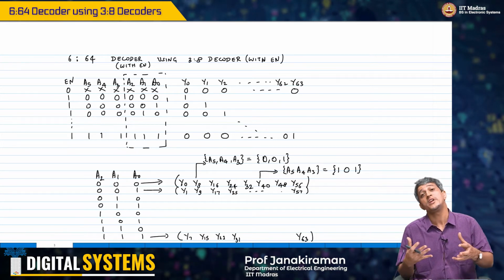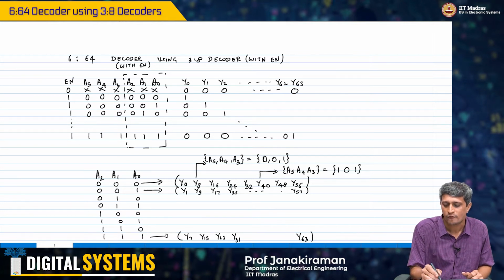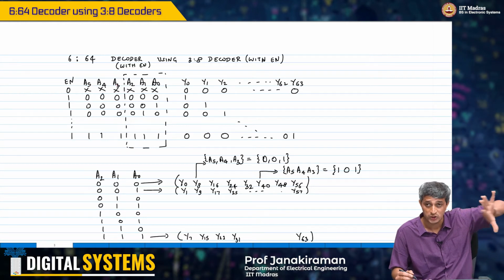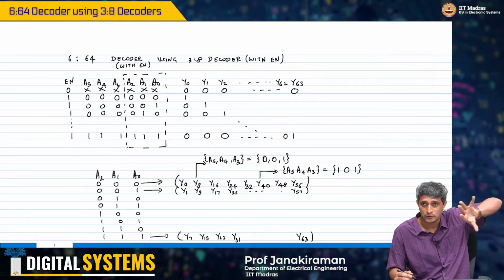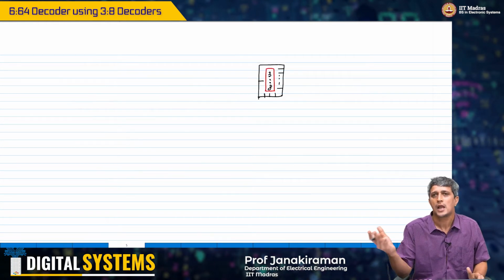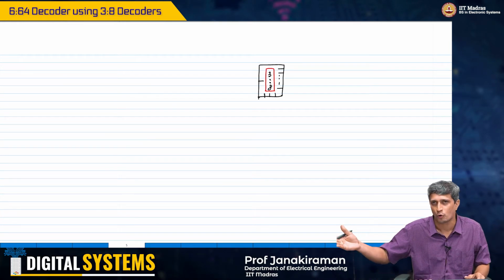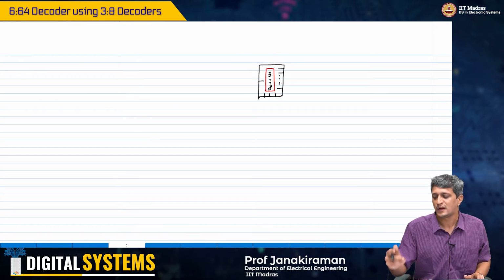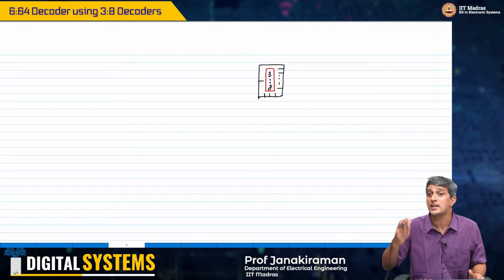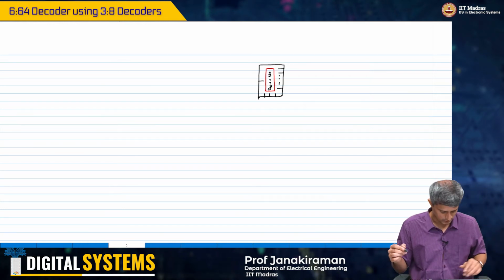And how many such decoders do I need? As many as A5, A4 and A3 can go through their combinations. Those are 3 separate bits, and therefore if I want a final output of 64, then I need 8 of these 3:8 decoders at the output stage, because only then will I get 64 outputs.